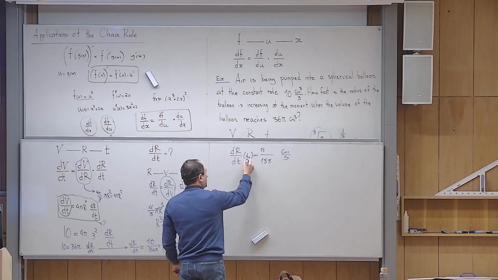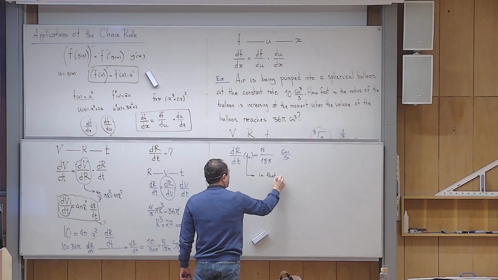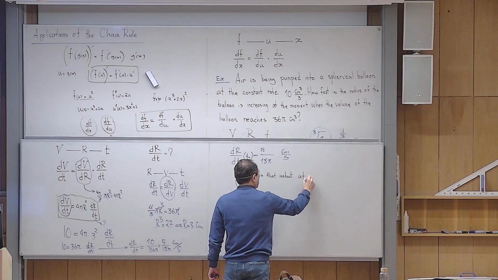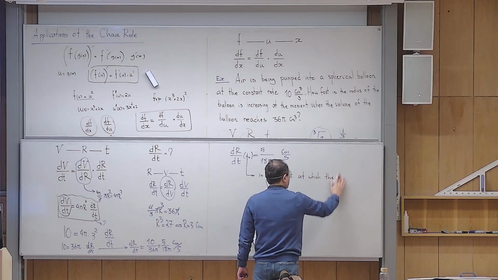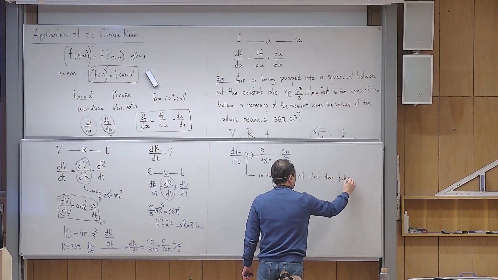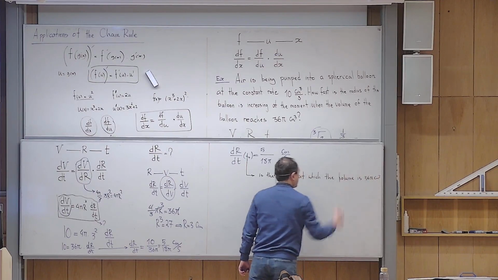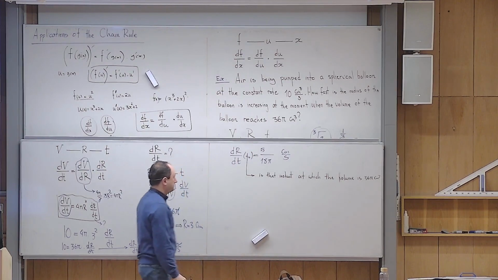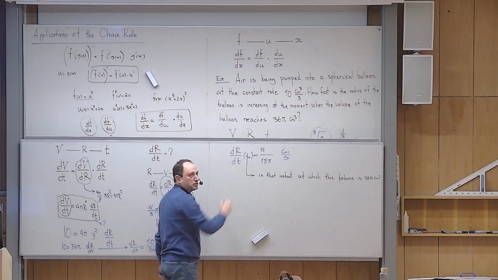And what t naught is, is that instant at which the volume is 36 pi cubic centimeters. But usually we don't write this, but I want you to understand that. If I change that instant of time, this rate might change.